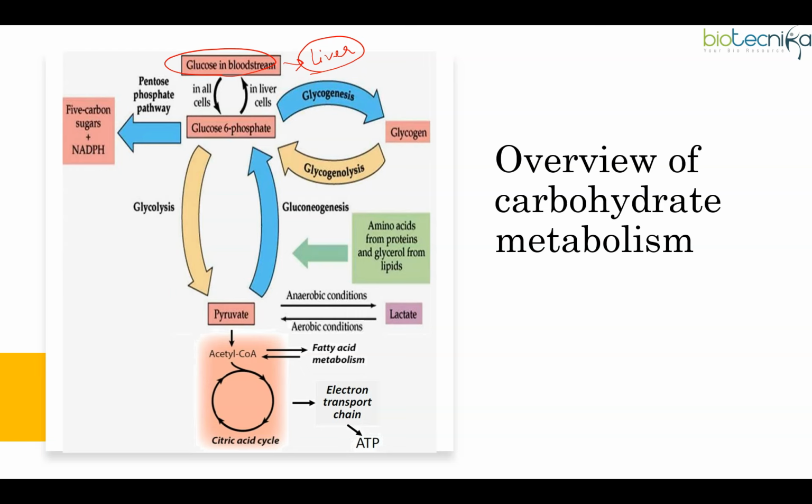From what will it synthesize? It doesn't have sugar molecules in the blood. So it will use its other biomolecules such as proteins and lipids, that is non-carbohydrate sources, and channelize them into the pathway called gluconeogenesis to make new molecules of glucose.